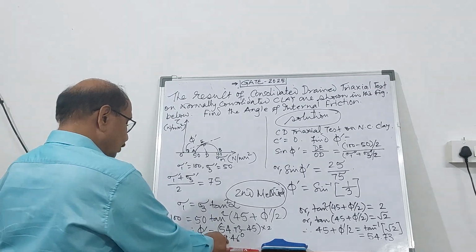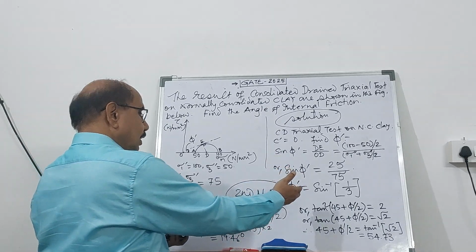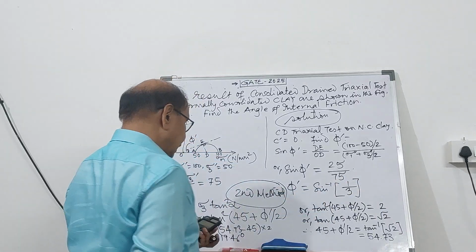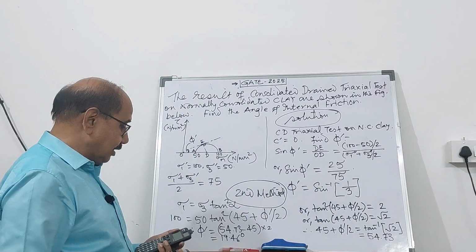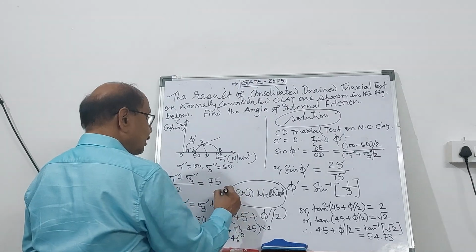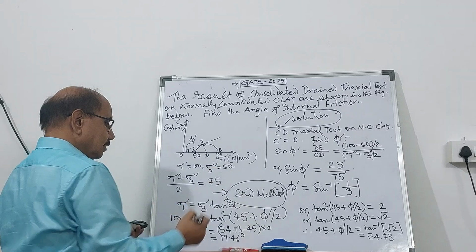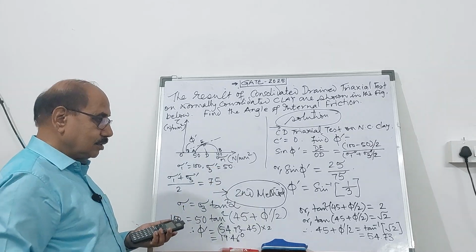If you take sine of 19.46, you get 1 by 3, that is 0.33. So that is the answer. So either way, whether you use this method or you use this method, you can get the same answer.